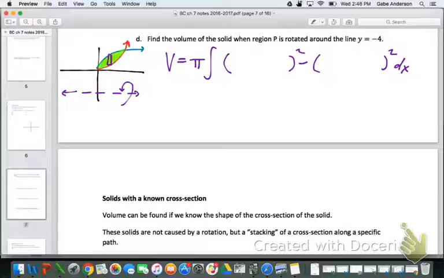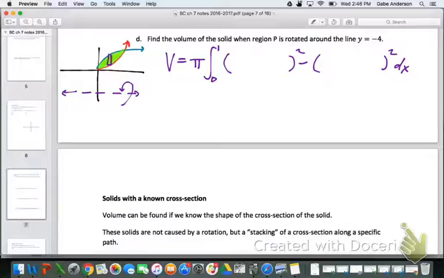Yeah, because those limits of integration are not speaking about how far away the axis of rotation is. It's saying over which domain or which range we will be accumulating. So again, it's going to be x equals 0 to x equals 1. That's not going to really change as far as those limits of integration. But of course, the radii will change significantly based on where the axis of rotation is.